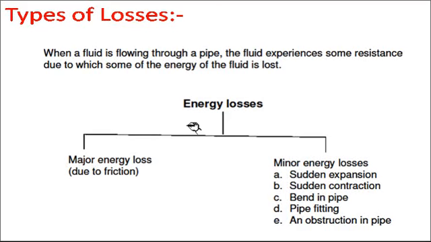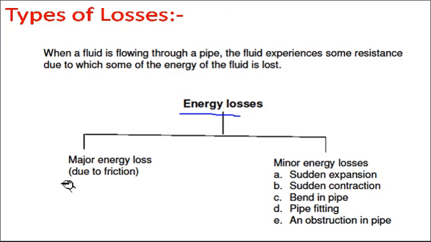Now, all of you know that when the fluid flows through the pipe, it offers a frictional resistance along the direction of the flow. That resistance is in terms of losses. So there are different types of energy losses. The first one is the major loss and the second one is the minor loss.